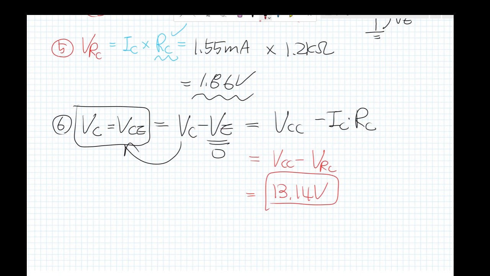So what is the question 7? What is the P sub D? The P sub D formula is the collector current multiplied by the voltage between collector and emitter. We already know those from before, right?